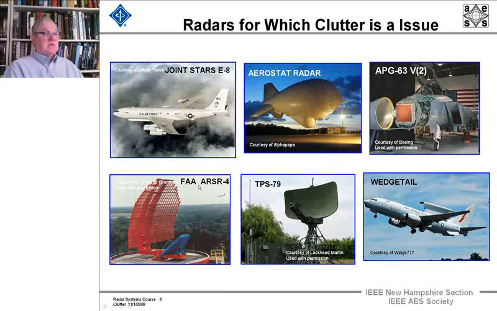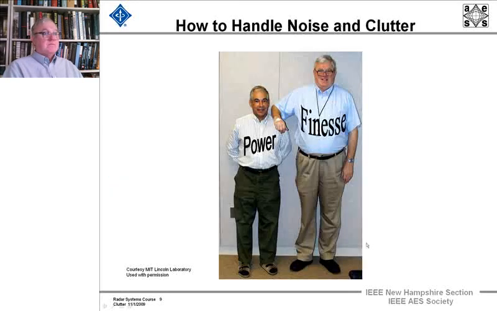The FAA's en route surveillance radars, this one, the ARSR-4, which does long-range surveillance and tracking, looks for aircraft at all altitudes up that aircraft operate to commercially. A Wedgetail, an airborne radar that is built for Australia.